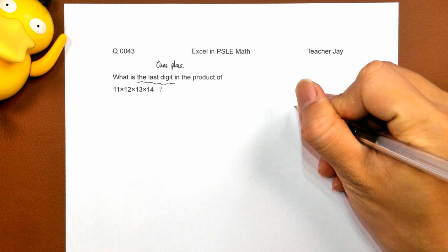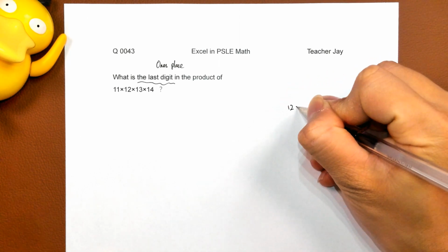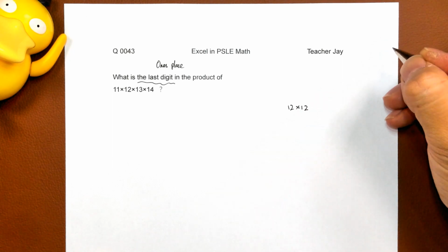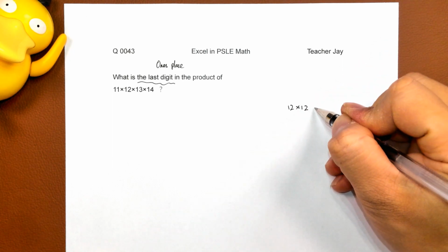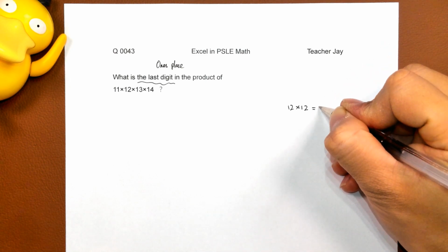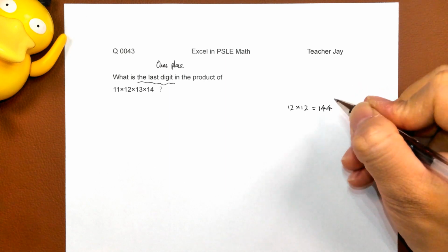Just like if we want to find the ones place, the last digit of 12 times 12. We know that 12 times 12, the answer is 144.